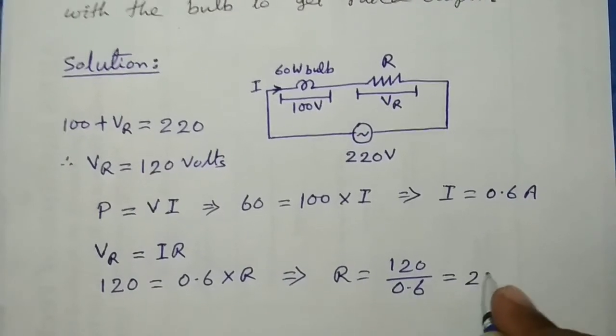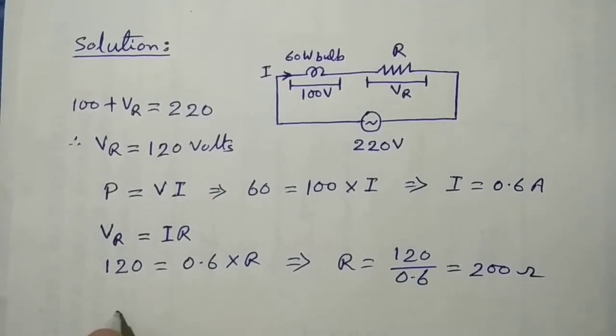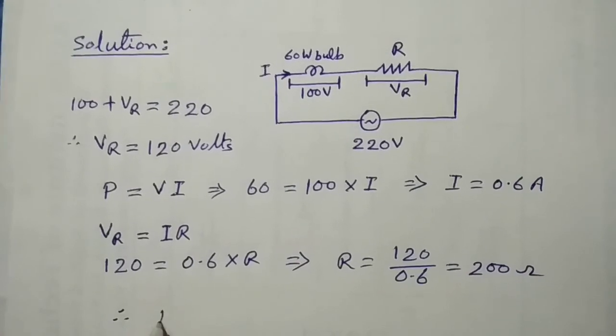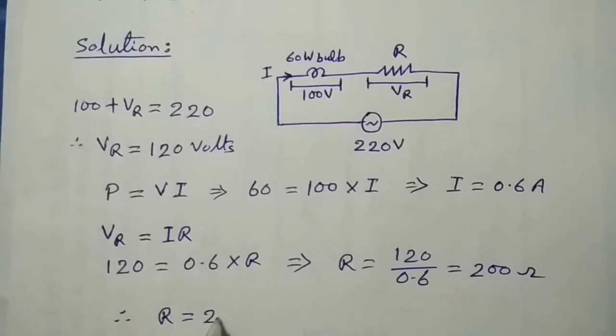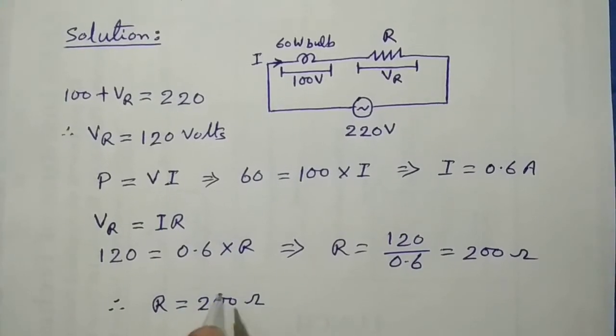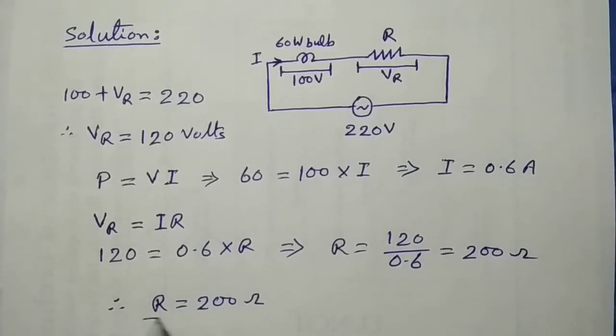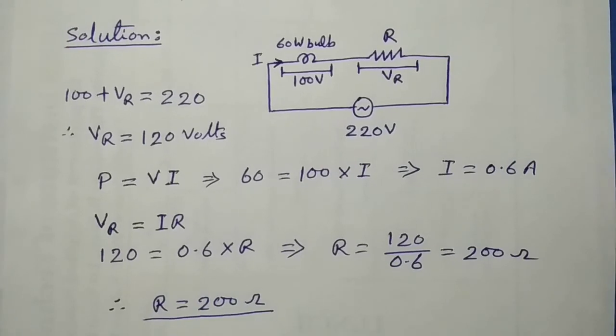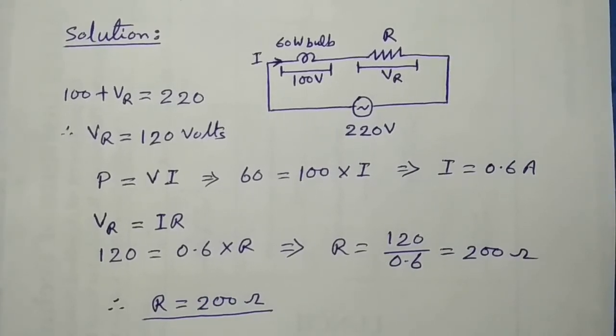So it is 200 ohms. Therefore, the answer is we have to connect a resistance of 200 ohms in series with the bulb so that the bulb will give exactly 60 watt as the output. So that is the answer. Thank you.